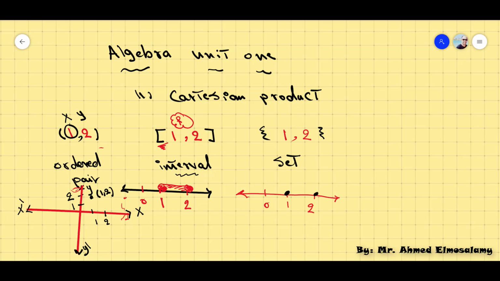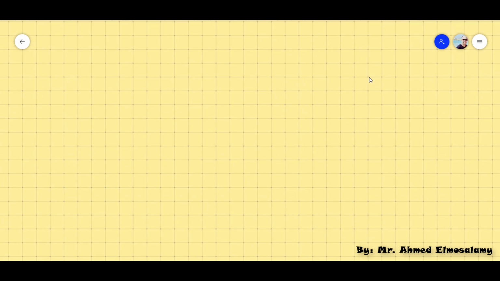So is the ordered pair 1 and 2 equal or not equal to the ordered pair 2 and 1? We can draw it in the Cartesian plane.